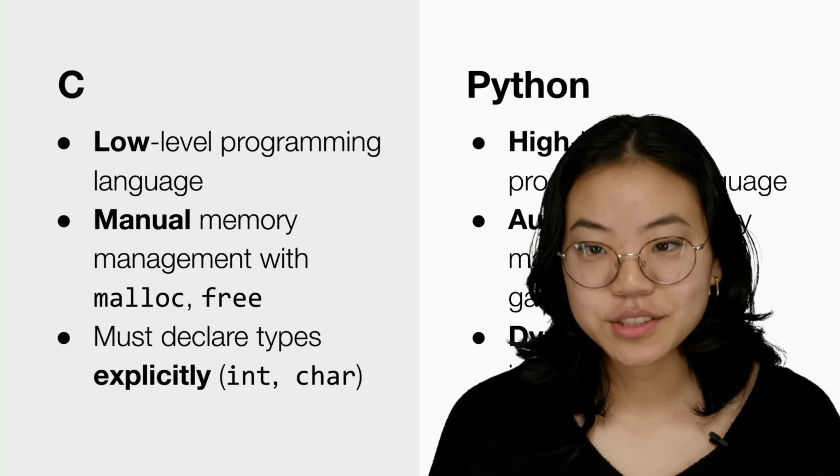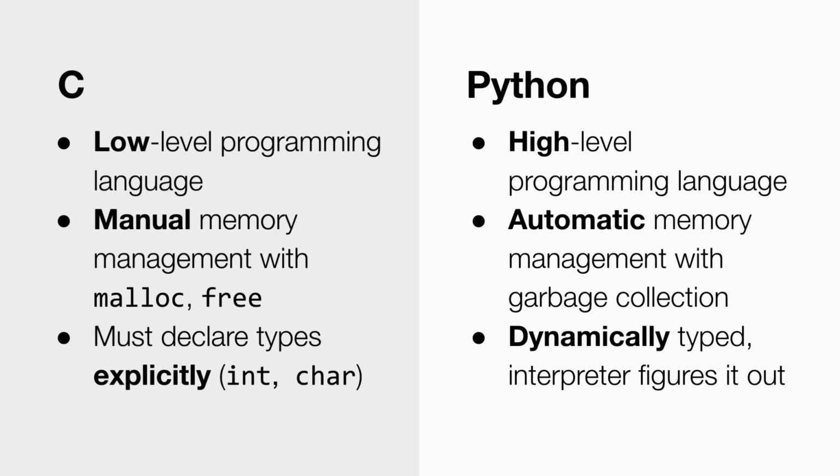So just some initial differences between the two languages. C is what we call a low-level programming language, while Python is a high-level programming language. And what this really means is just that Python has abstracted away some of the things that C has implemented, as Python is really just built on top of C. And so some of these things like manual memory management, like you were doing with pset4, with mallocing and freeing memory, that is not dealt with in Python.